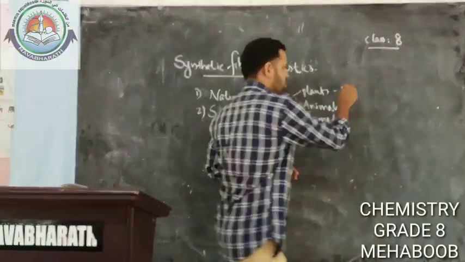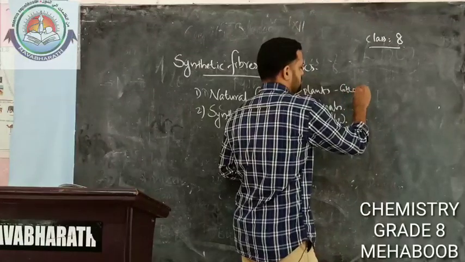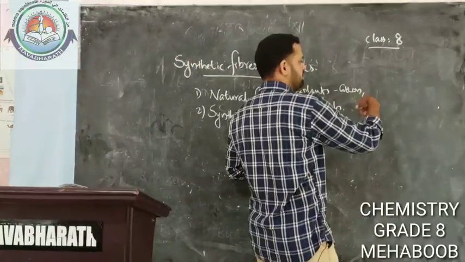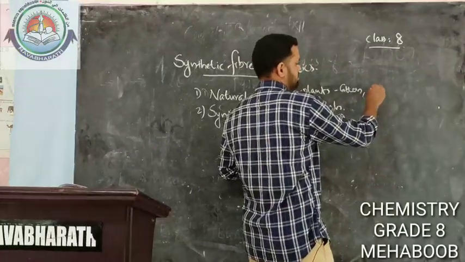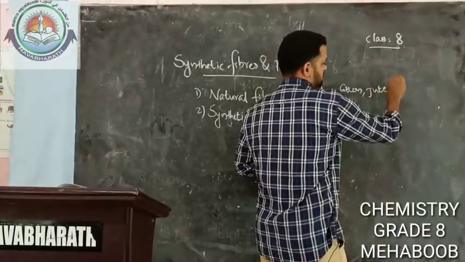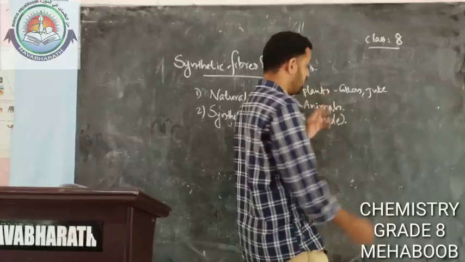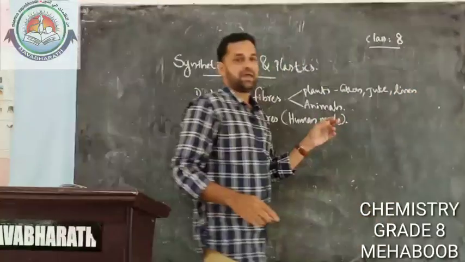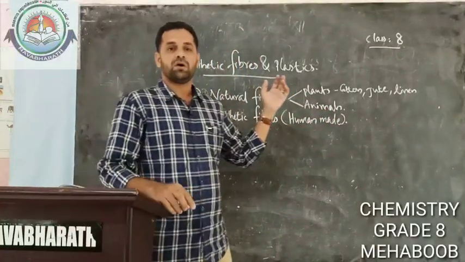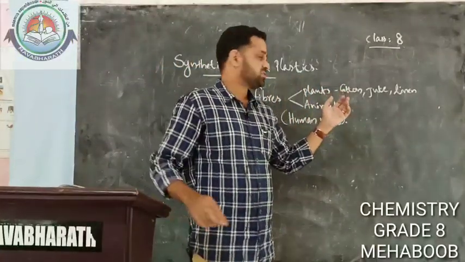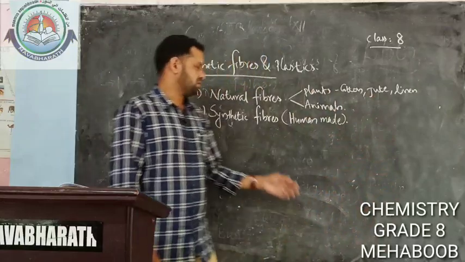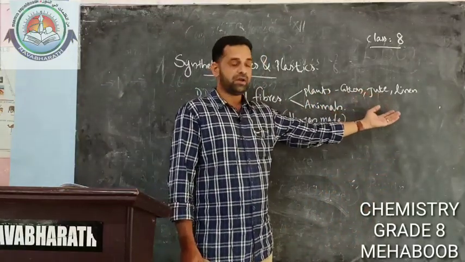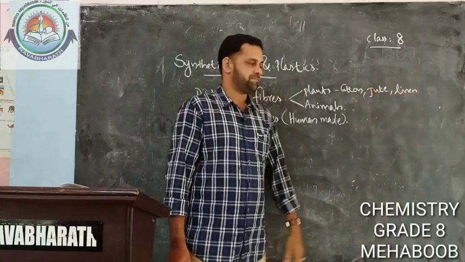We know cotton, for example, is obtained from cotton plants. Another example, jute. Jute, cotton, linen, etc. All these are examples of natural fibers obtained from plants.